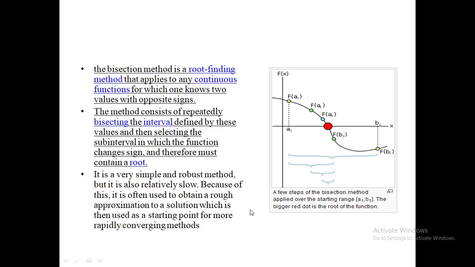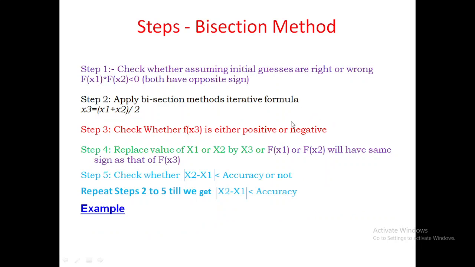It is a very simple and robust method, but it is also relatively slow. Because of this, you will get an approximate solution, not the exact solution. You will get an approximate solution, which is used as a starting point for more rapidly converging methods. Remember that. Here we will get the approximate value of the root, meaning we use a number of iterations and find the approximate value of that root.